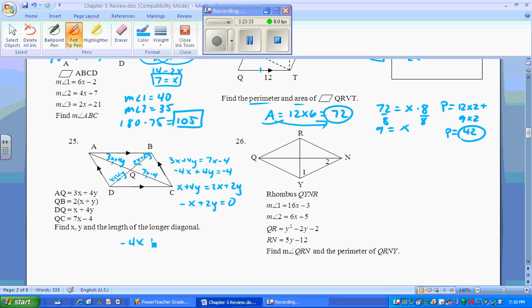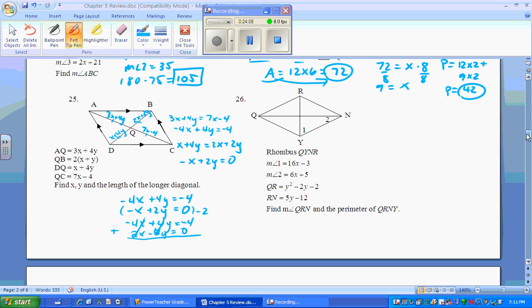So the two equations are here, like it says. Let's get rid of, let's say, the y's. So we'll multiply by negative 2. So the top one stays. Bottom becomes 2x minus 4y, still 0. These cancel out.